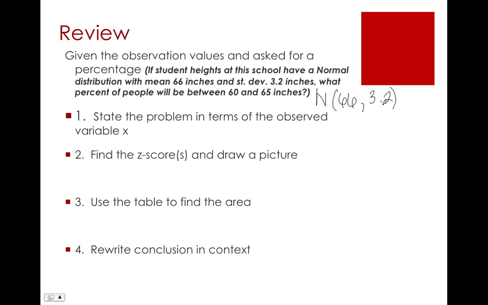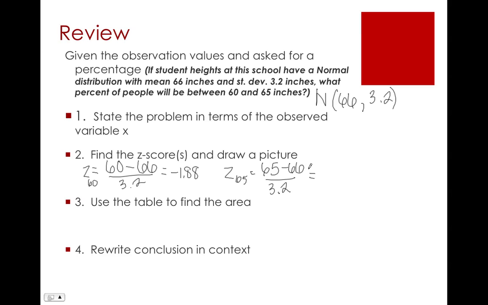Okay, so the first thing I need to do is find the z-scores associated with this problem. For 60 inches, the z-score is going to be 60 minus the mean divided by the standard deviation, which gives me negative 1.88. The z-score associated with 65 inches is going to be 65 minus the mean divided by the standard deviation.